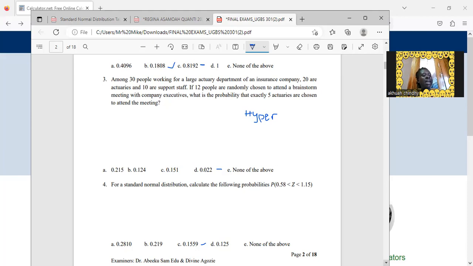So if I pick Amma, she will stand there. Then it means that now we have 29 students, no more 30, right? Then I'll pick Kofi. It means now we have 28, right? No more 30. So that is what the hypergeometric is all about. Picking things without replacing them, and finding the probability for such.